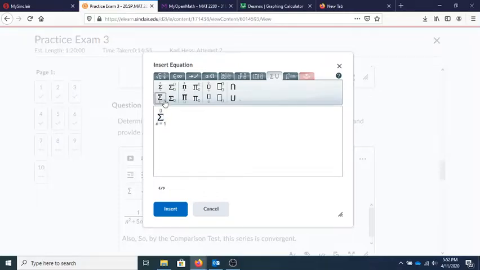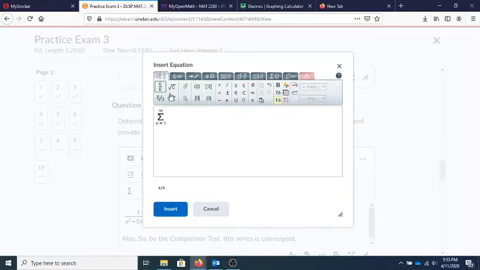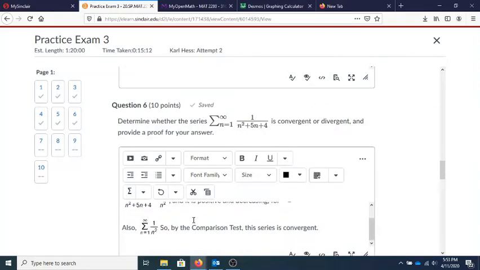There is a symbol for infinity, and I can see the tab that has it. And let's go back to our first tab. 1 over n squared. Aha. So also, this series is a convergent p-series.